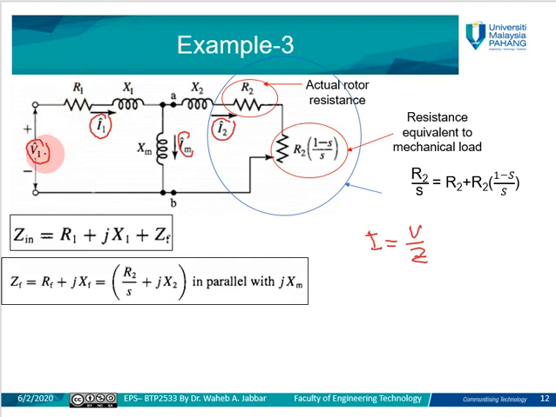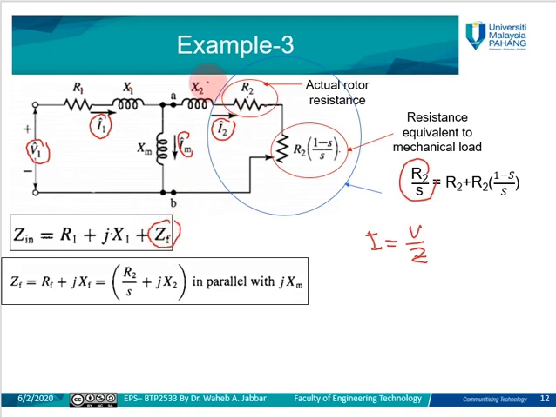So I need to divide this over the total impedance, which includes R1, X1, R2 over S, plus X2 and also Xm. So this impedance, we call it the input impedance, which is Zin. So Zin here is equal to R1 plus jX1, which is this one, plus Zf.